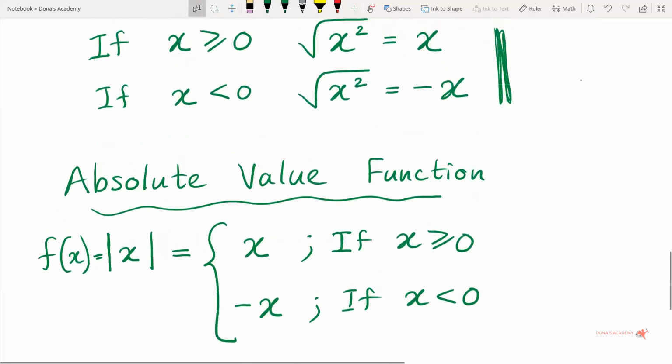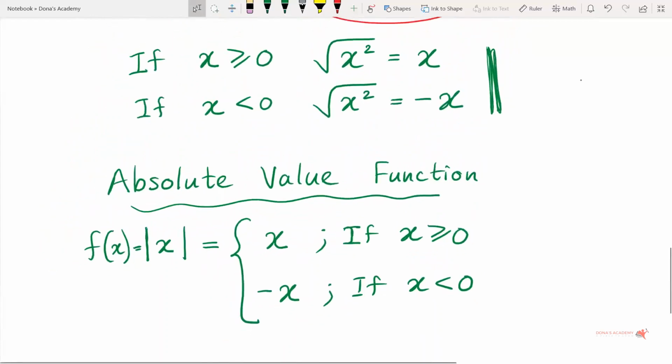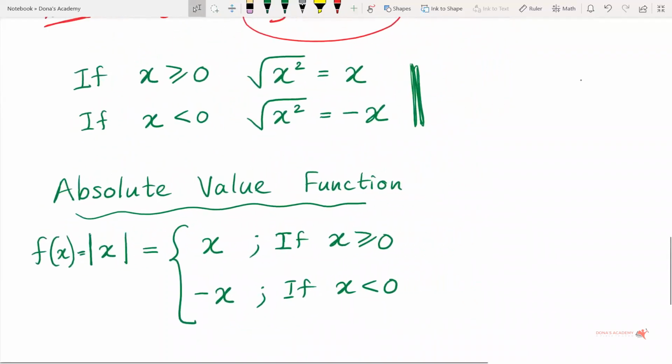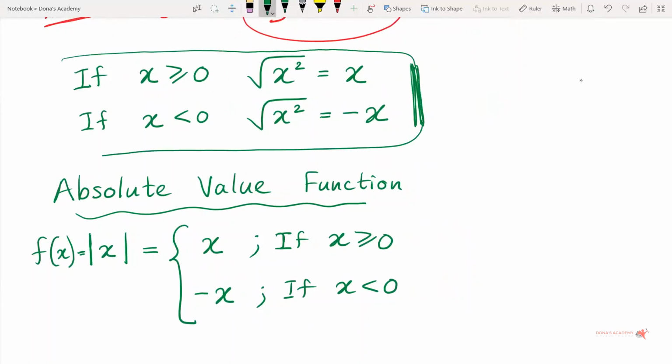Now, do you find any similarity between the absolute value function and this thing? Did you notice that both represent the same thing? Yes, right? Because here, if x is positive or 0, then the square root of x squared is x.